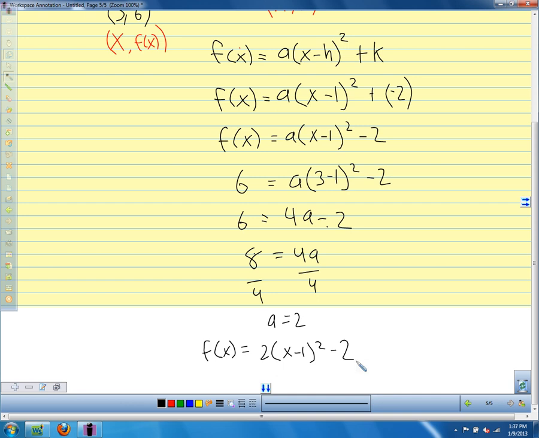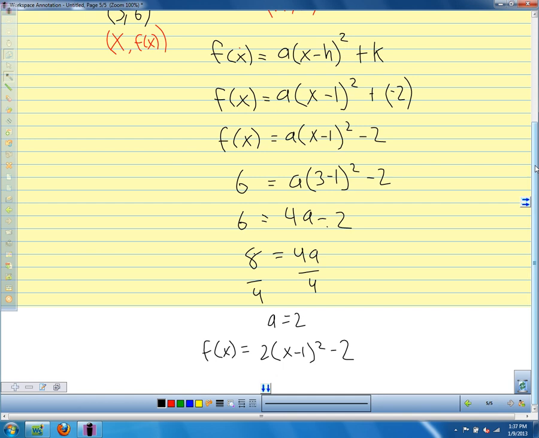So you were saying, Kevin, I think you were saying since we're subtracting 2 here, we know that we end up having to add. Right. So this would be my function in vertex form.